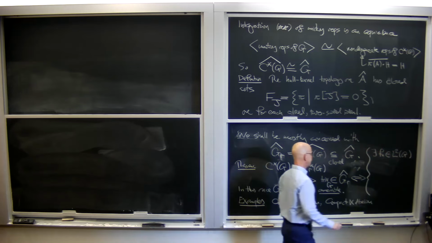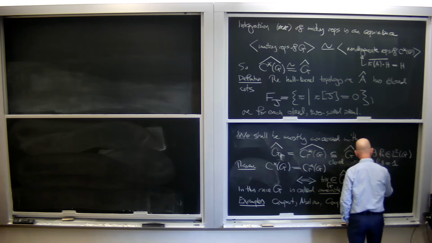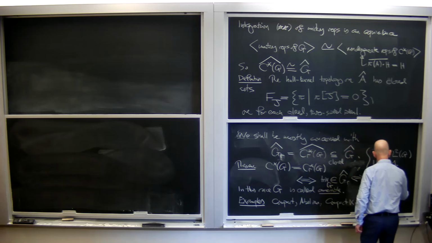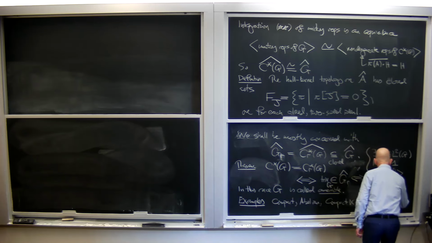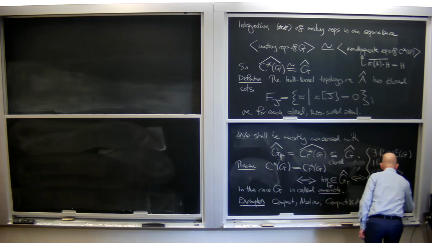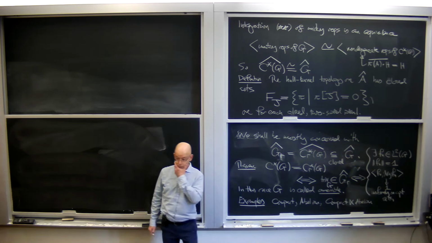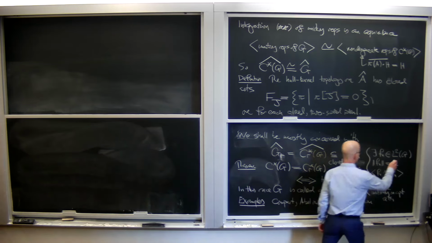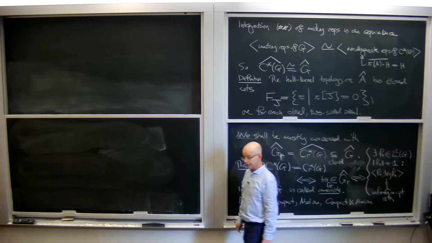There's a collection of vectors in L2 of G, unit vectors, such that these functions, lambda G, Fn, so that's a function of G, should converge uniformly to 1 on compact sets. Well, these functions of G should converge to the constant function uniformly on compact sets.